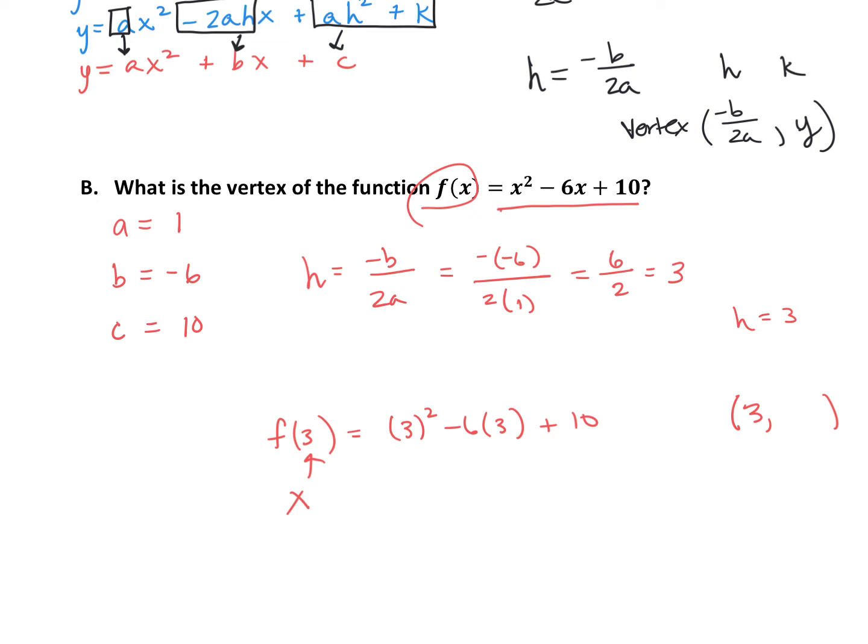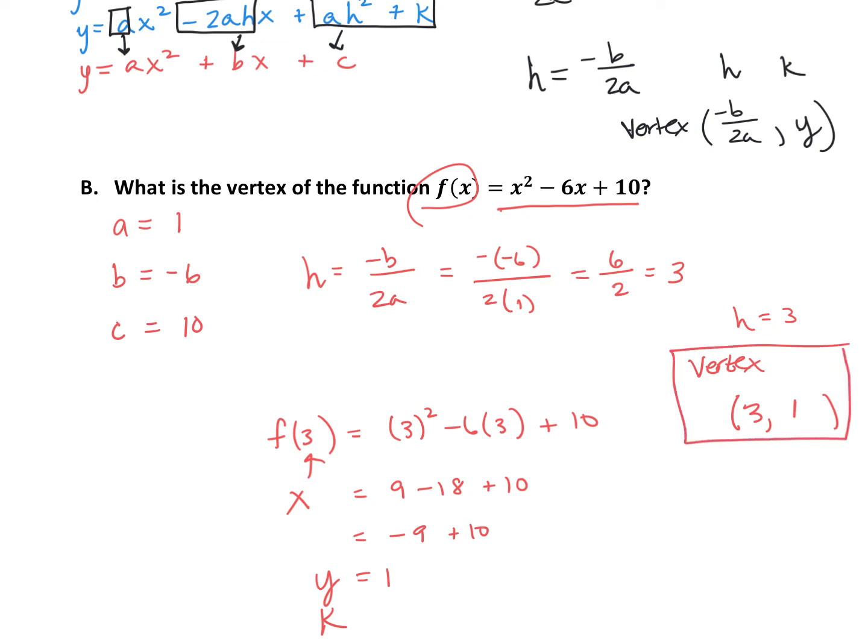And then we just simplify this math. 3 squared is 9, negative 6 times 3 is negative 18, plus 10. 9 minus 18 is negative 9, and negative 9 plus 10 is a positive 1. So we just figured out the y value, or the k value of our vertex, and that's going to go in right there. So what's the vertex of that function in standard form? 3, 1.